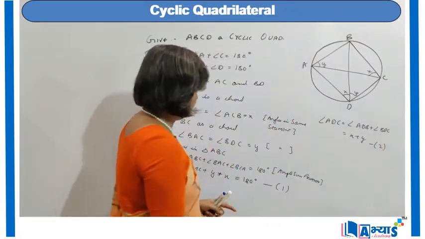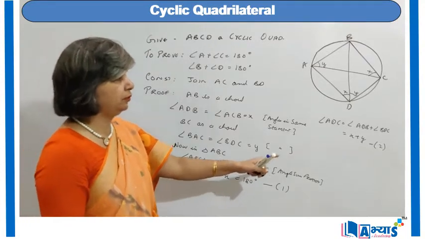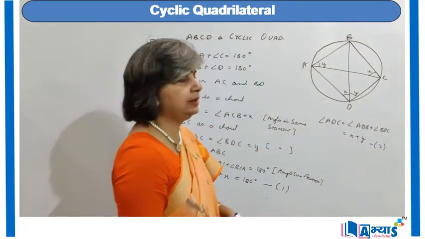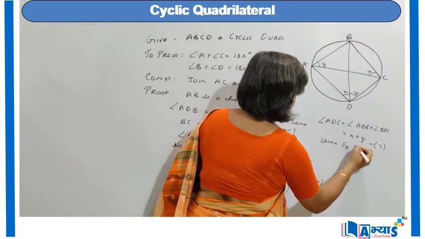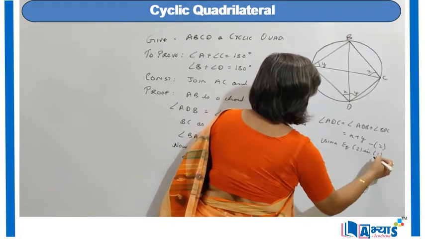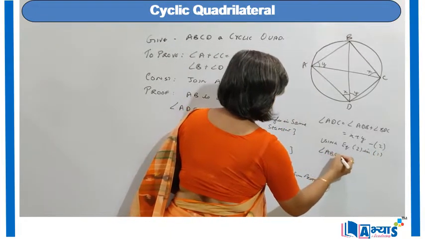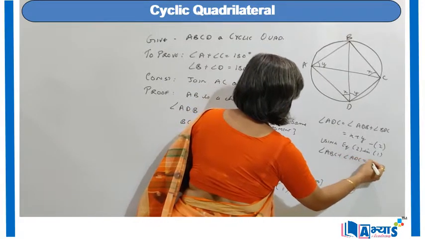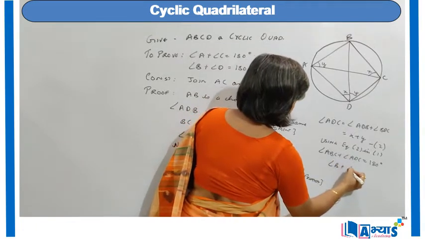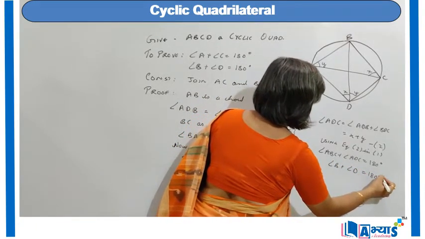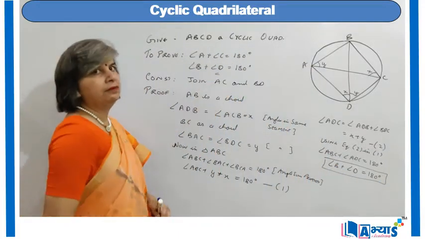Now equation 1 states that angle ABC plus x plus y is equal to 180 degree, and we know that x plus y is equal to angle ADC. So using equation 2 in 1, we can say that angle ABC plus angle ADC is equal to 180 degree, or in the short form we can write that angle B plus angle D is equal to 180 degree. Hence we have proved that angle B plus angle D is equal to 180 degree.